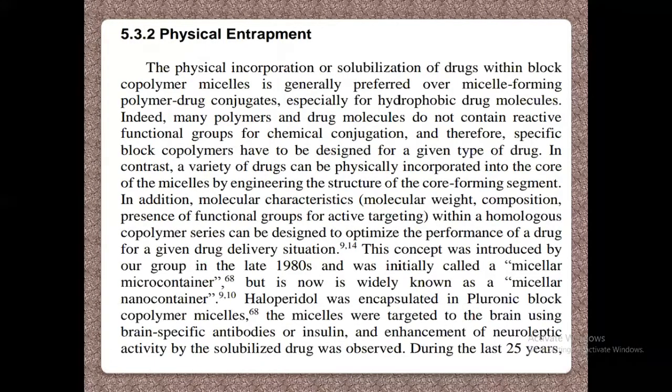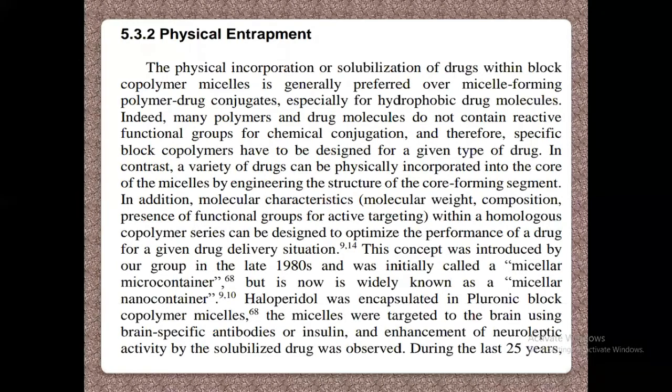So the next method is the physical entrapment method. Another method used for drug loading into polymer micelles. The physical incorporation or solubilization of drugs within the copolymer, that is the block copolymer that makes the micelles.